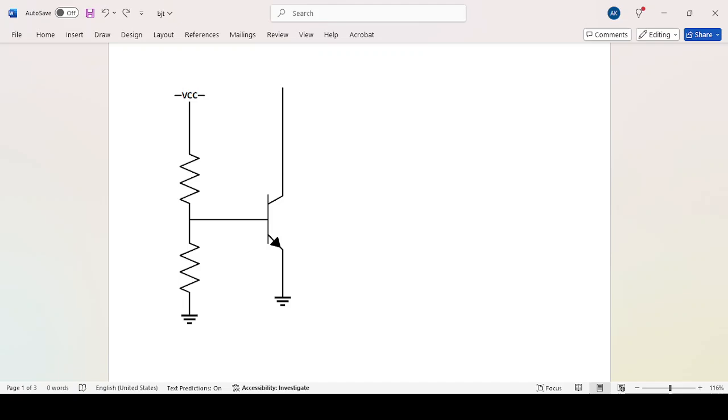And BiCMOS is very popular. One reason is we know that BJTs, bipolar junction transistors, have better performance. They are faster. They have higher bandwidths and everything.